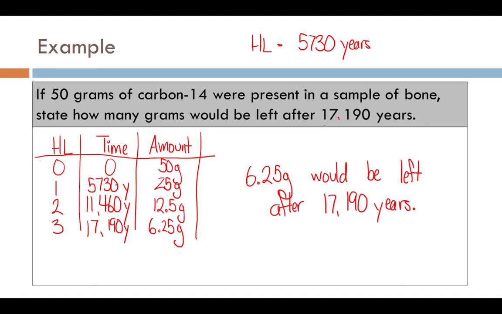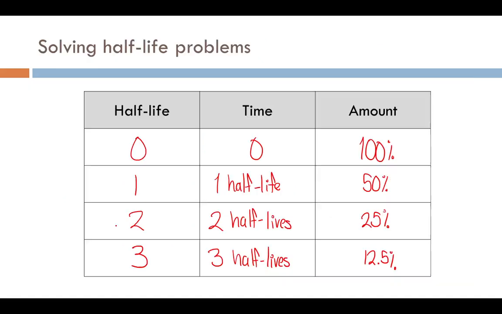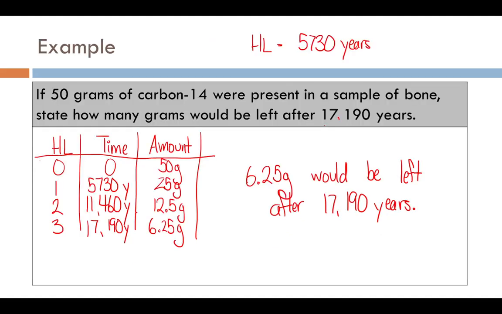So in other words, the half-life times 1, half-life times 2, half-life times 3, just as we did here. And then finally, make sure that every time you go up one half-life, you're reducing the amount, whatever it's measured in, in this case it's grams, it's mass. Make sure you're reducing the amount by half. Sometimes students will double it every time, but that's the opposite process that's happening.